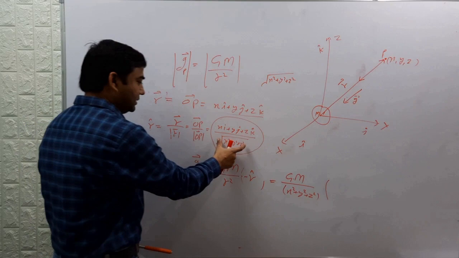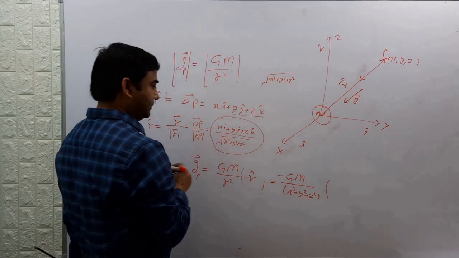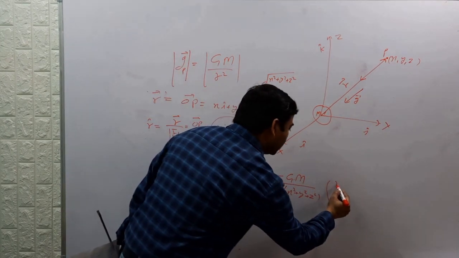We know r, this is the r vector. So put a minus sign here, and this is the r vector.